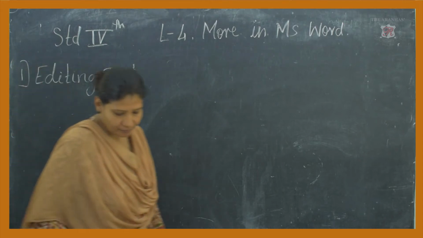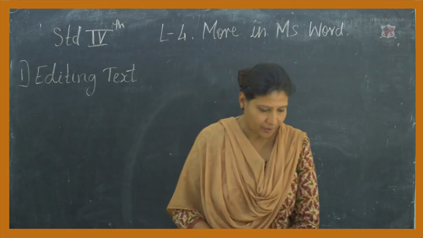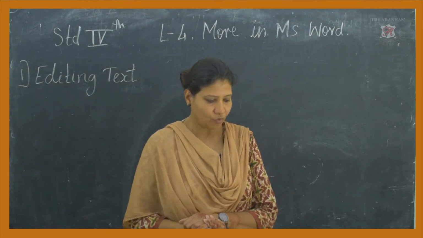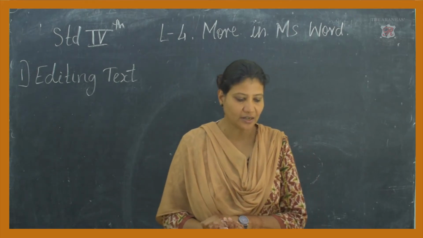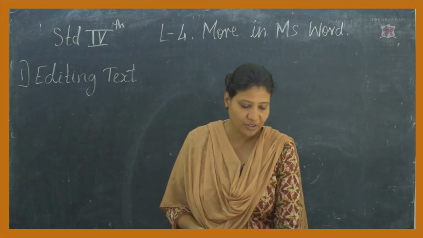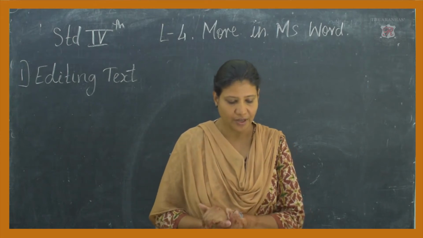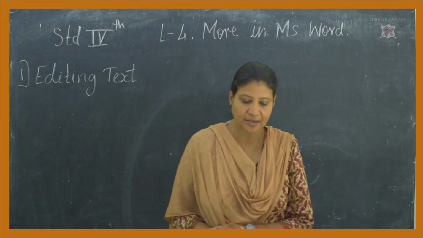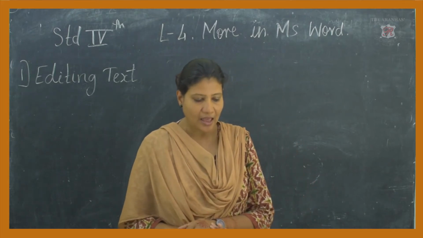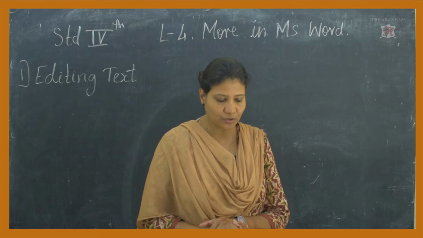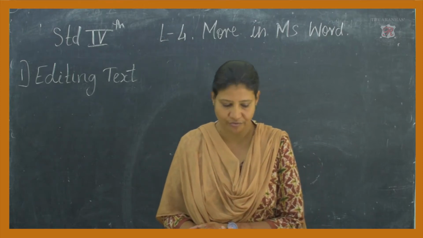Okay. So, what is editing? Who will tell me? Now see, MS Word is a word processing software. Word processing means typing, editing and formatting the text and graphic using some word processing software, okay?